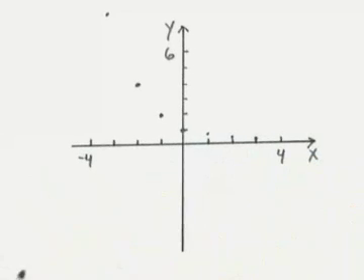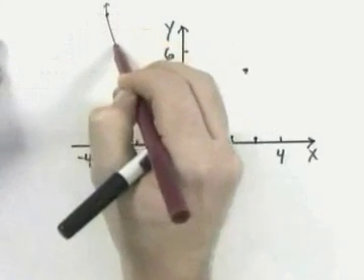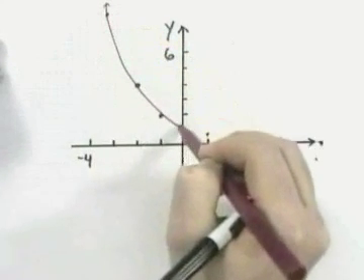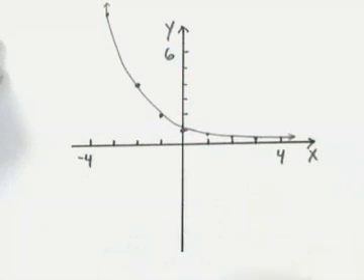Now, we connect the points into a smooth curve, or at least we try to. And here we go. That's not too bad. And now, what we need to do is figure out some of the characteristics of this particular graph.